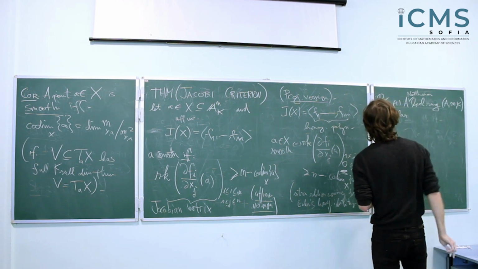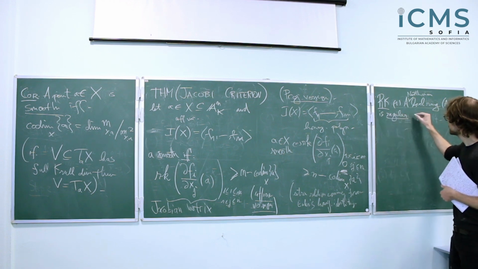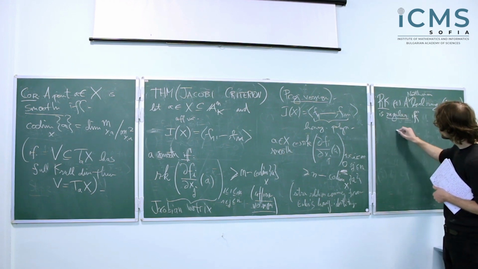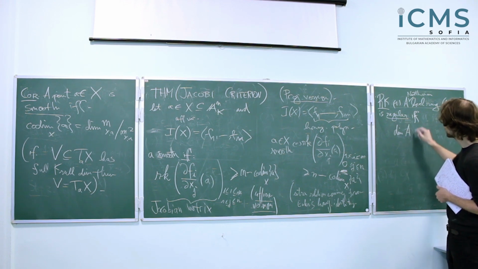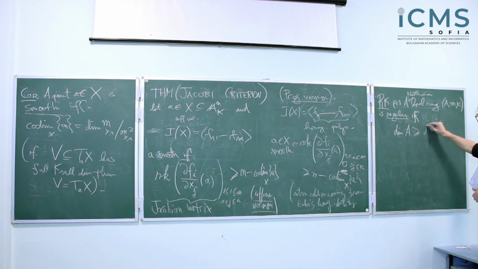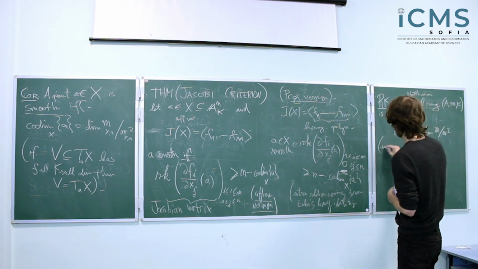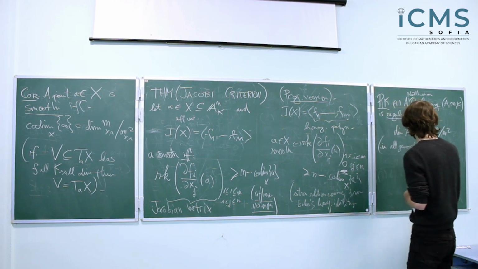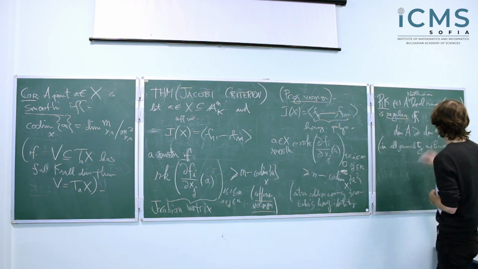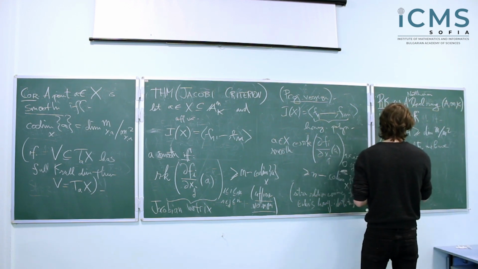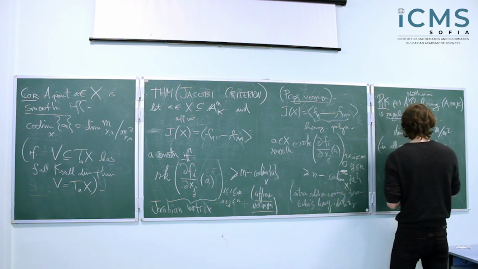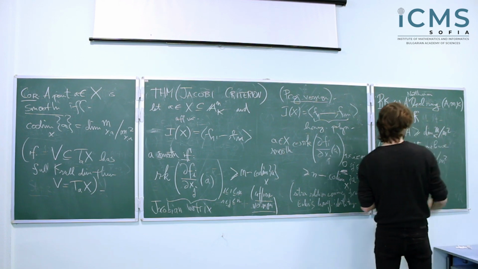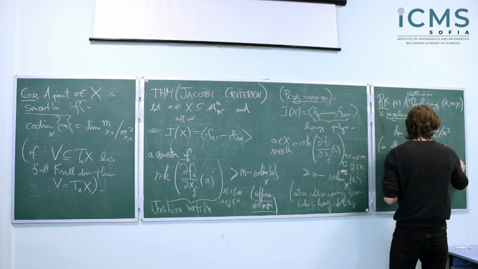Sorry. A local ring is regular if and only if the dimension of A is bigger or equal to the dimension of M over M squared, and in all generality we have the inverse inequality. So this is the vector space here, and this is by Nakayama's lemma.